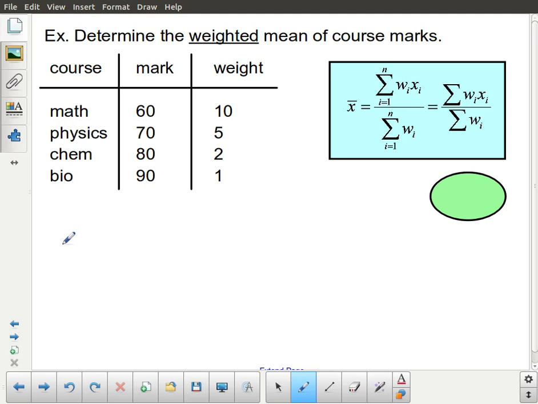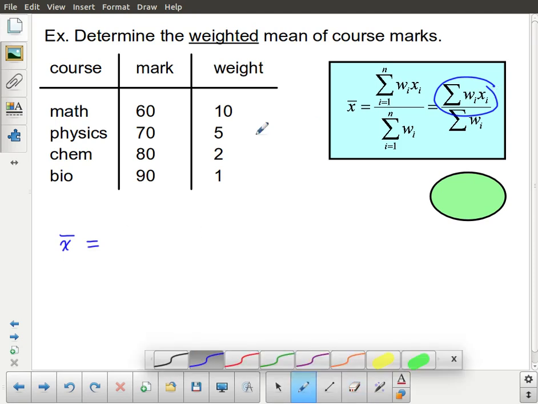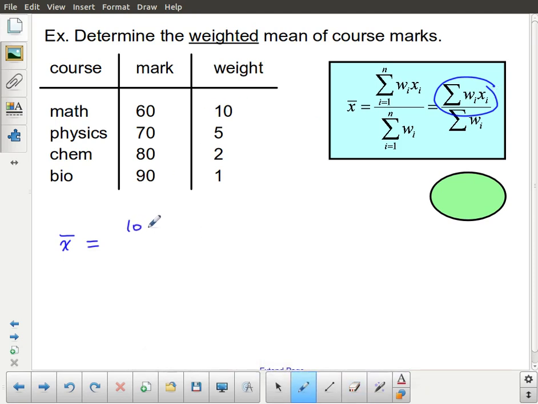The way we would do that, the weighted mean is going to be the sum of the weights times the data points. Let's do it in the order the formula says: the weight times the data point. So the weight is 10, and then the data point is the grade in that particular course, which is 60.